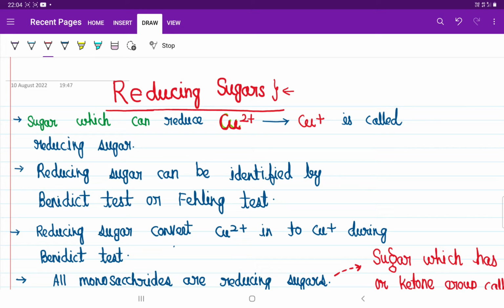Now what are reducing sugars? Oxidation and reduction you all know, right? Gain of electron is reduction, loss of electron is oxidation.